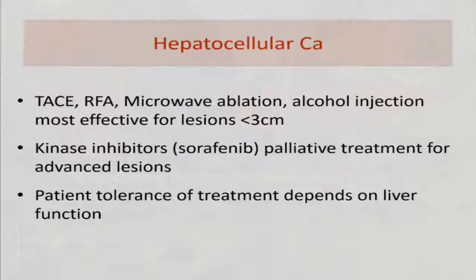Very expensive, but we can get it from the state sector, from the cancer hospital in Maharagama. And the patient's tolerance for all these treatments depends on their liver function. So people who are child class B, and I'm talking about advanced cirrhosis here, will do better on these treatments than those who are in child class C.